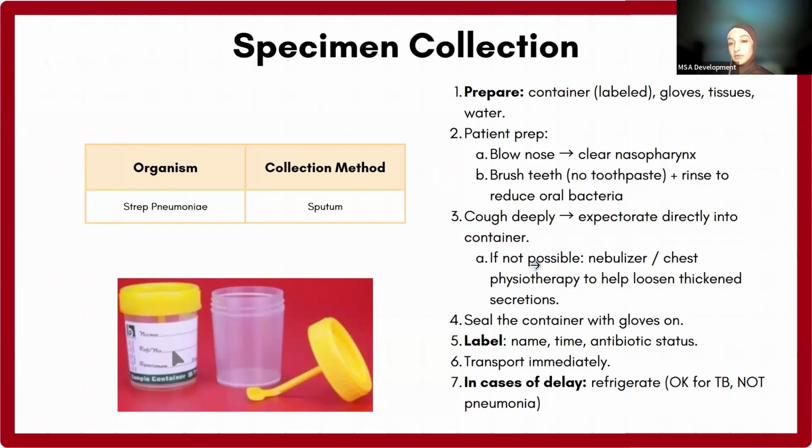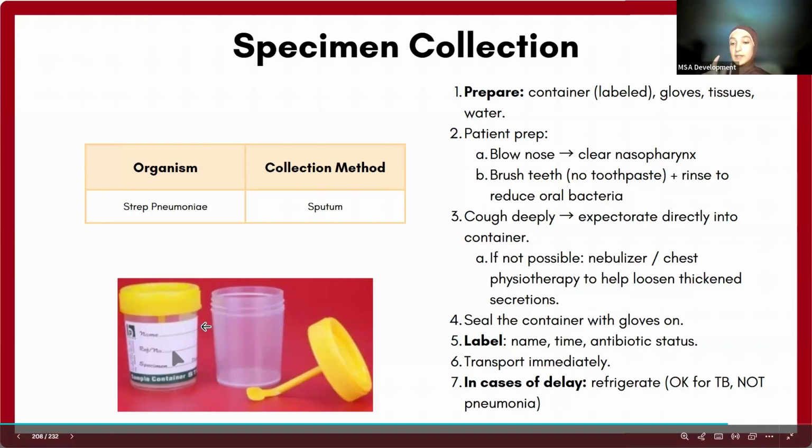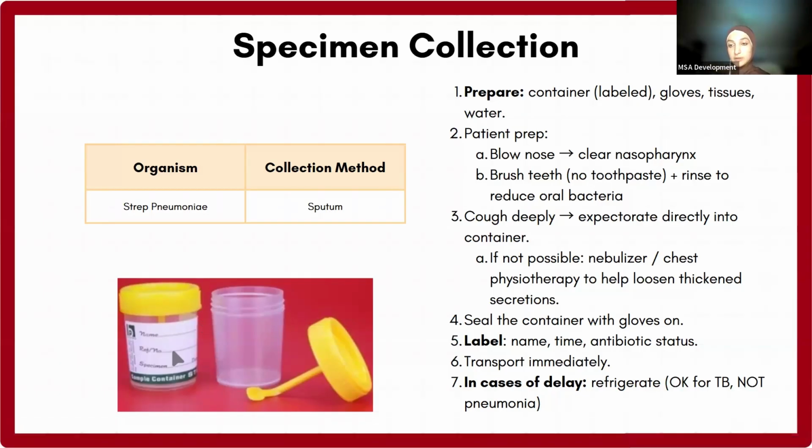If they can't cough and they can't spit the sputum into the container, use a nebulizer or chest physiotherapy in order to help thickened secretions in the lung, okay? Then when you're done, seal the containers, make sure your gloves are on to reduce contamination, and fill out the label. Transport immediately, and in case of a delay, refrigerate it.